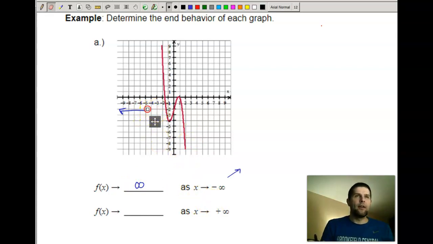In the same way, if I look at the next one, we're going to say f of x approaches negative infinity. By the way, this would be positive; you can put that or you could leave it out. F of x approaches negative infinity as x approaches positive infinity. The translation there again: as you move to the right, as x gets larger, the function is getting smaller. It's decreasing, it's getting closer to negative infinity.